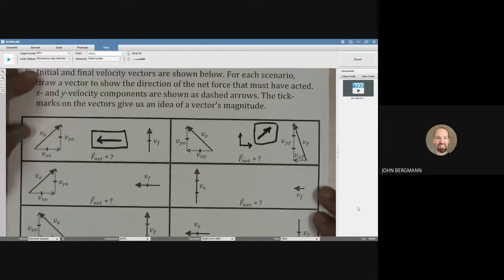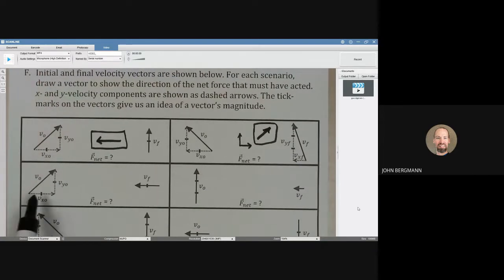Let's go back to the left here. Here we have an initial velocity and a final velocity. The y component has completely disappeared, which means we need a y component of the force that goes down like this. The force must have acted in that direction. And what about in the x direction? It was going 2 units to the right, and now it's going 2 units to the left.